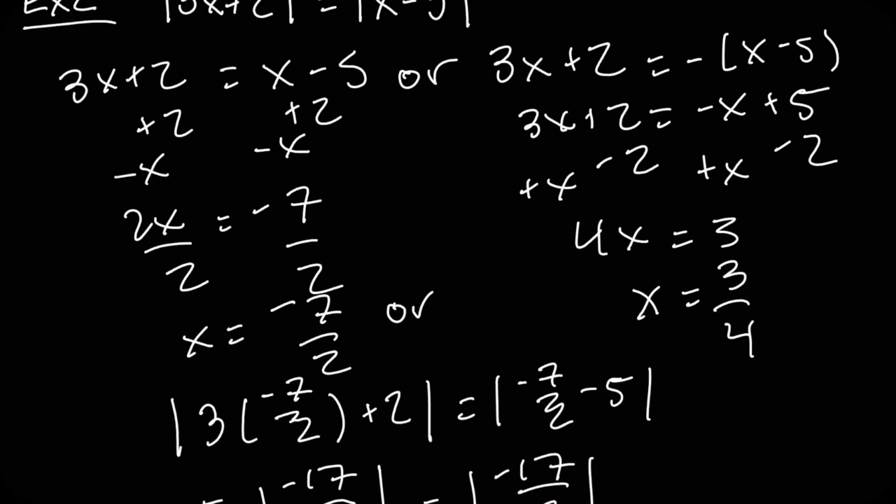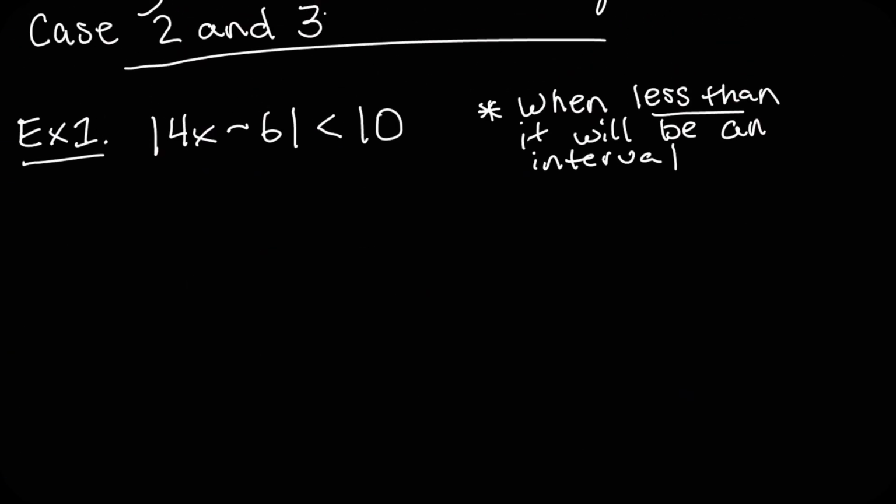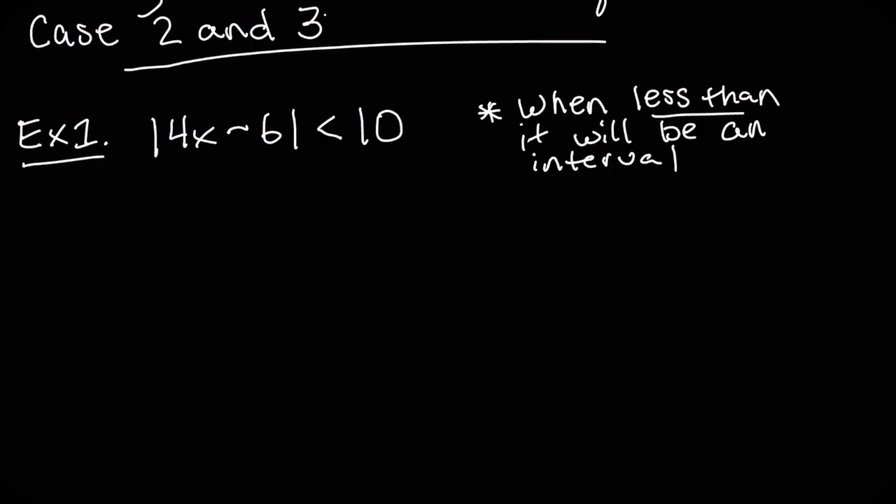So let's set our equation up correctly. We will have 4x minus 6 less than 10, and also greater than negative 10.